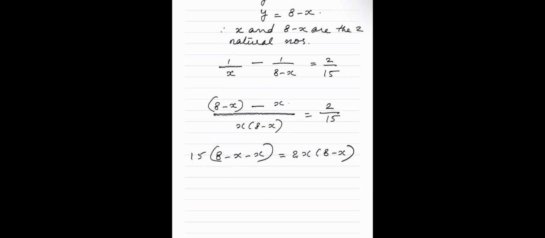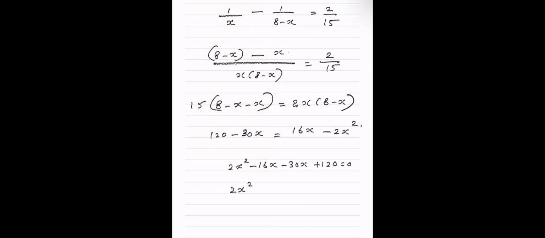Now cross multiply. 8 minus x divided by x into 8 minus x equal to 2 by 15. Into 15 also is required. On the other side, I will have 2 into x into 8 minus x.